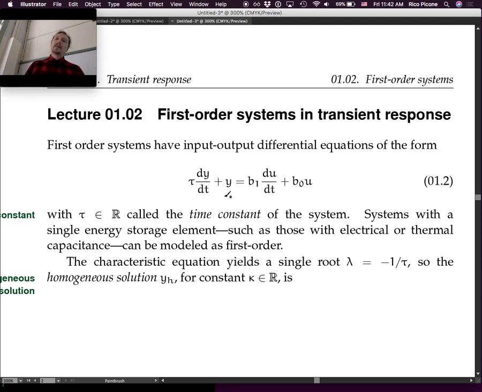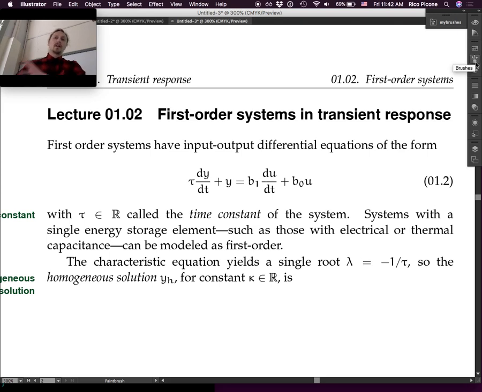First order systems have input-output differential equations of the form of equation 1.2. We've continued to use this b notation for the coefficients of the forcing function, the right-hand side of the differential equation.